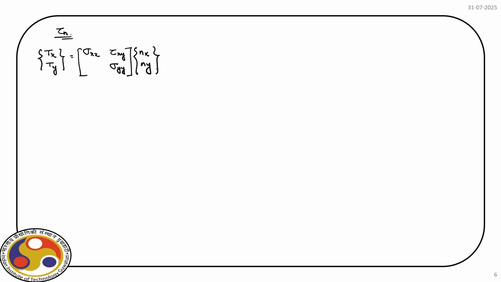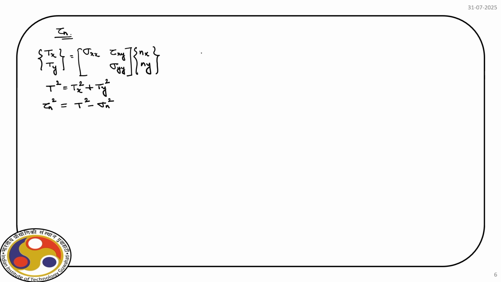Now, t square is equal to tx square plus ty square, and tau n square is nothing but t square minus sigma n square.